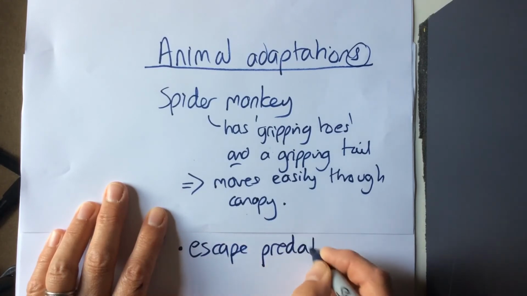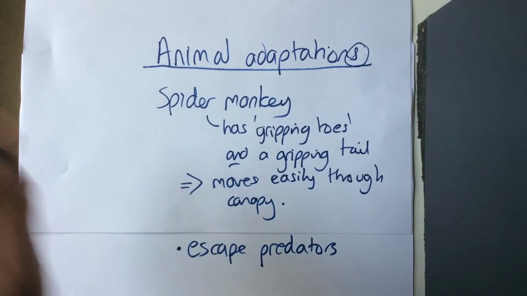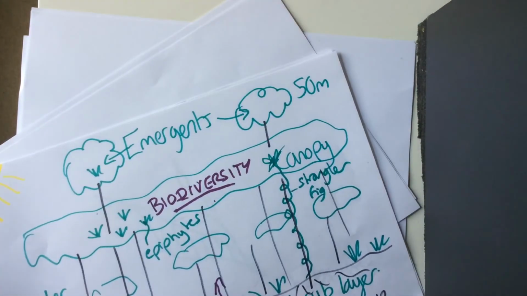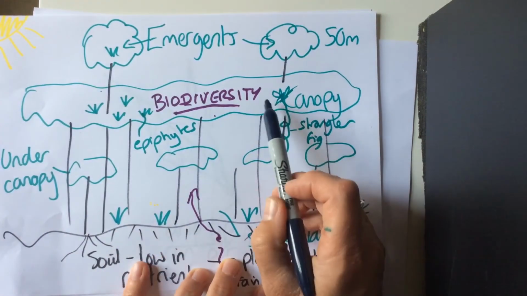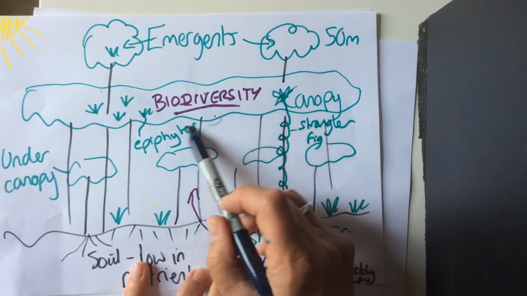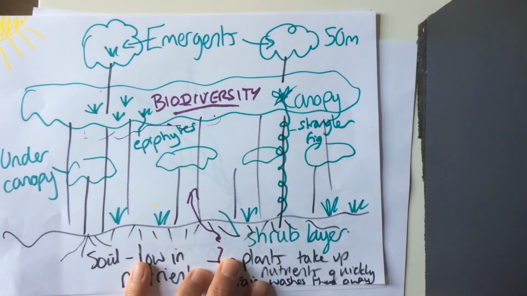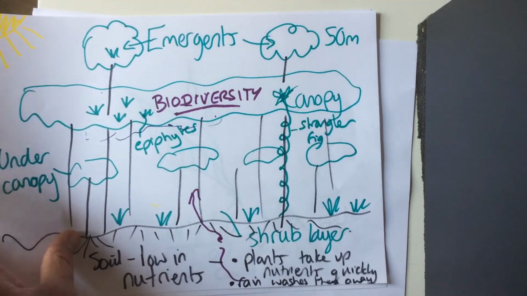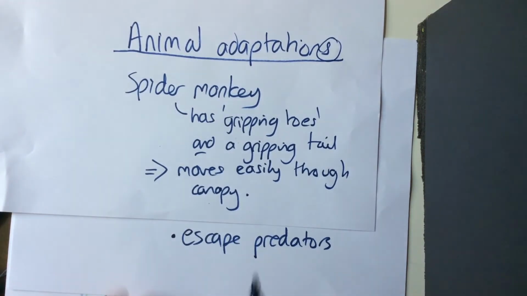Say you're up in the canopy, imagine you're up in your canopy as a spider monkey and you suddenly realise that somebody's coming to get you, you can very quickly make your way through these trees by jumping and grabbing and using your tail, your hands and your feet to make your way across. So that's really good. So you can escape your predators.